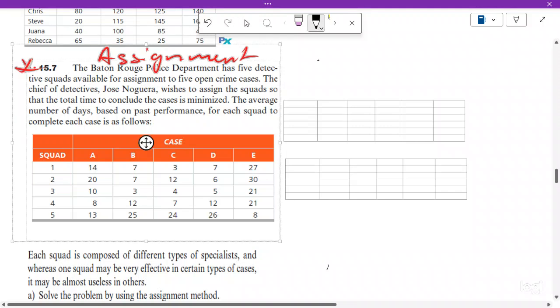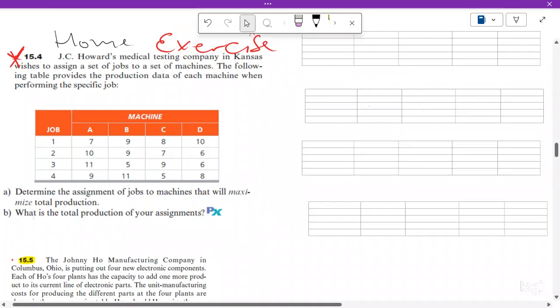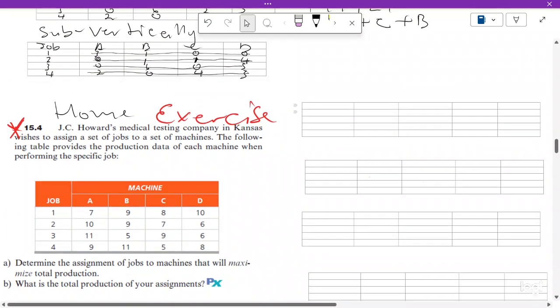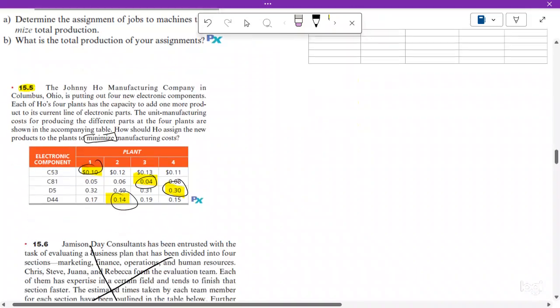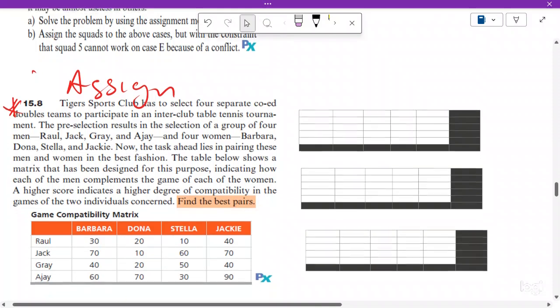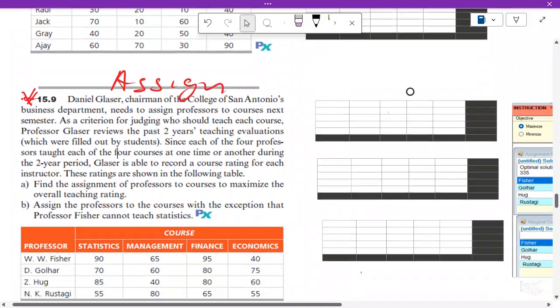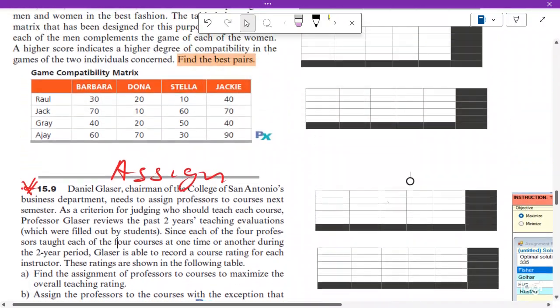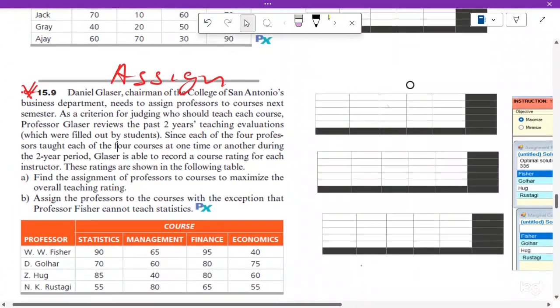Here, use the software. This one is handwritten. Then here you use the software. Skip this one, you practice at your own time. Okay, so we had minimize software, then maximize software.